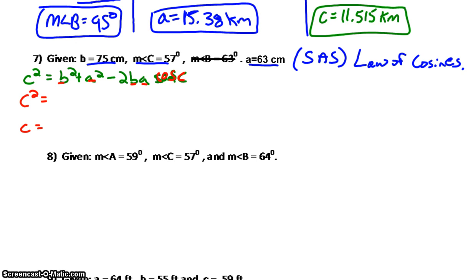So I'm simply going to substitute in the rest, and I'm going to have 75 squared plus 63 squared minus 2 times 75 times 63, and multiply that by cosine of 57.